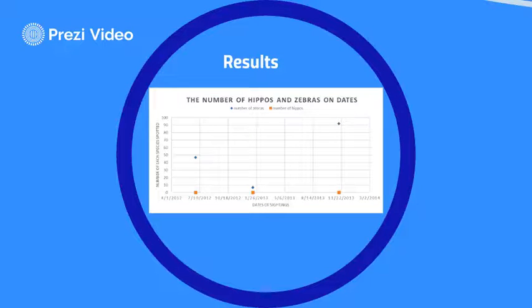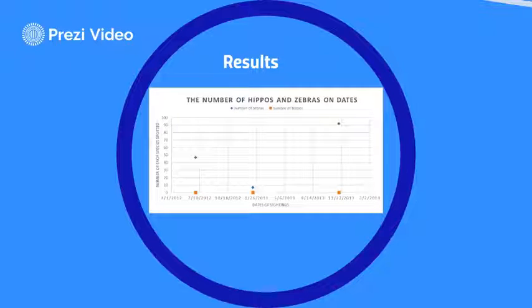The results of the first experiment showed that there were a higher number of zebras on all the dates that we looked at, and there is a pretty large difference. So on 7/10/2012 and 11/22/2013, there are 0 hippos.